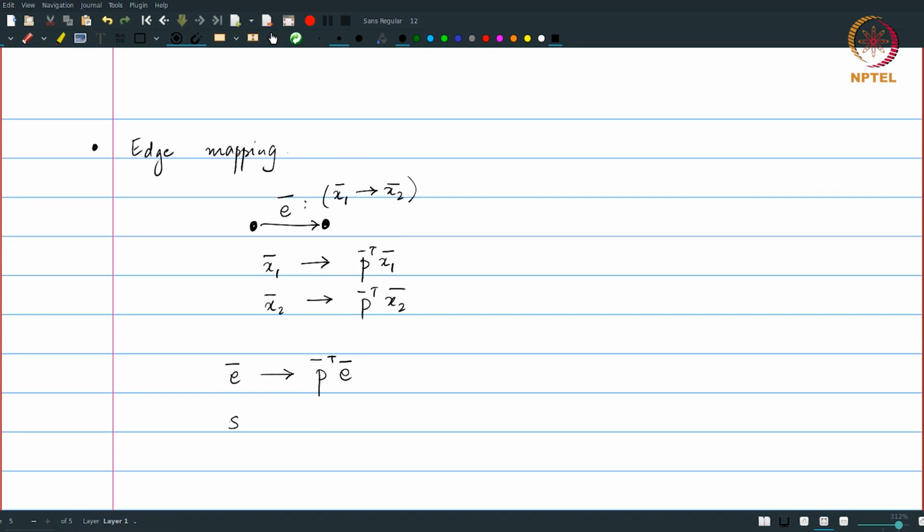And similarly, S transpose E will give the number of delays on the resulting edge.